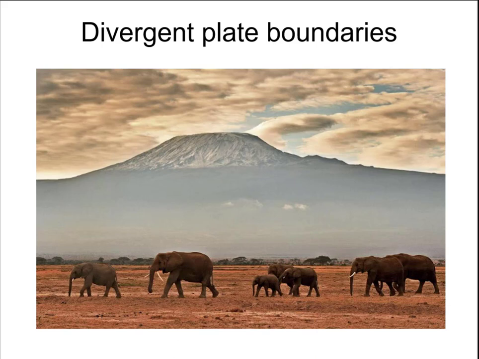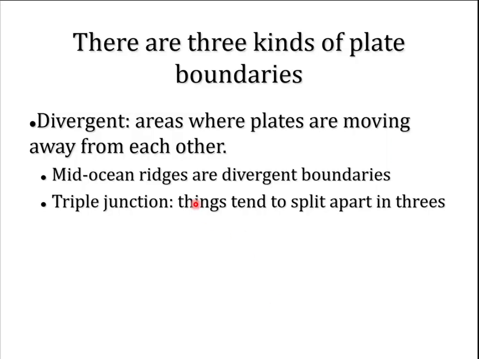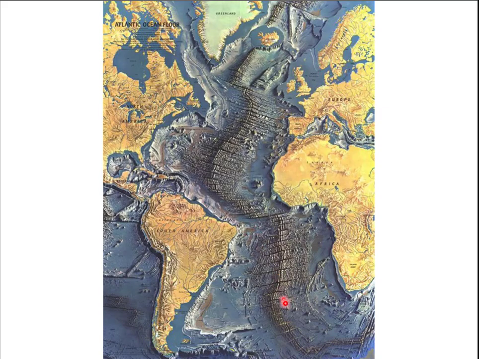We've kind of already talked about divergent boundaries. These are mid-ocean ridges, right? If I pull up the map that we've been looking at of the Atlantic, this mid-ocean ridge running up through here, running up into Iceland, is all divergent plate boundary, right? This is moving that way, this is moving that way, this is moving that way, this is moving that way.